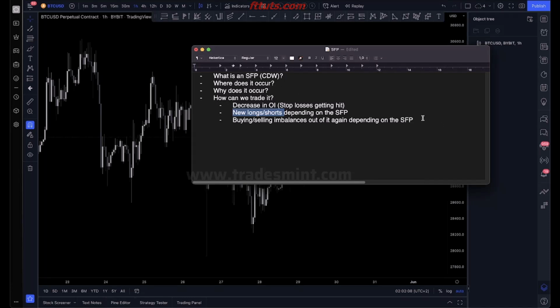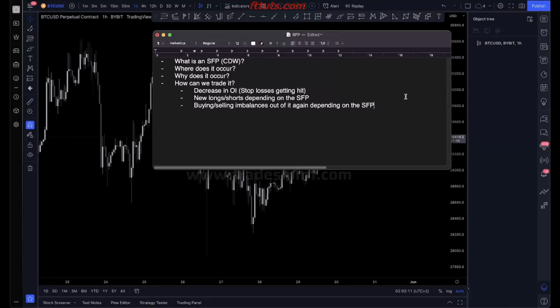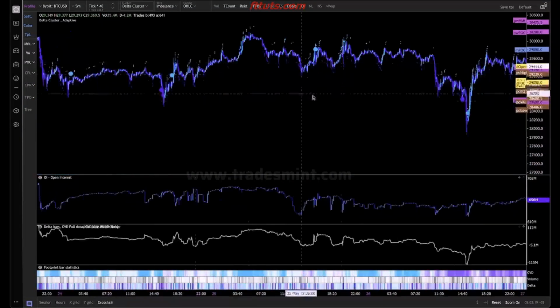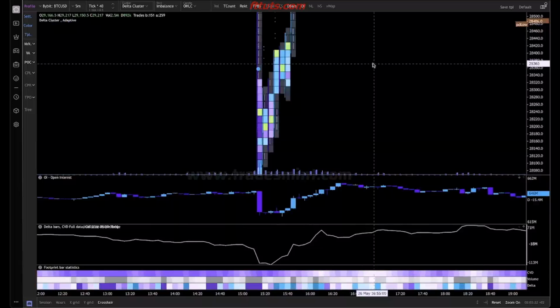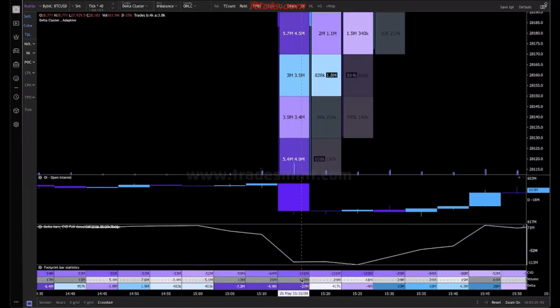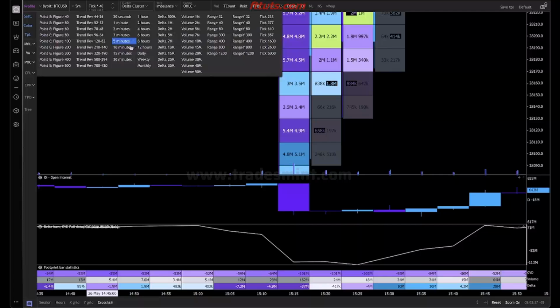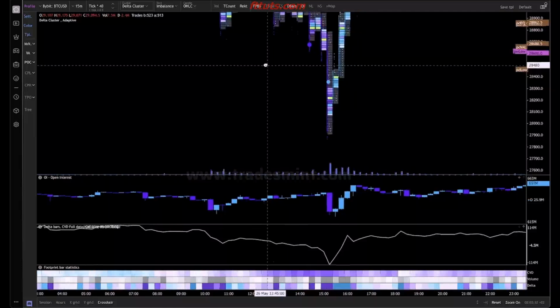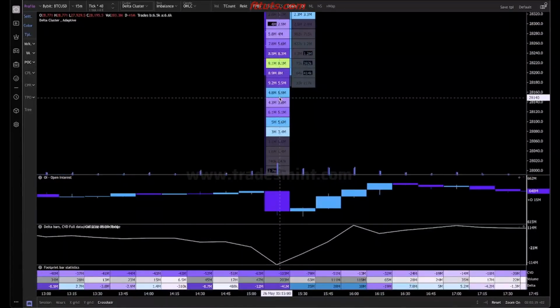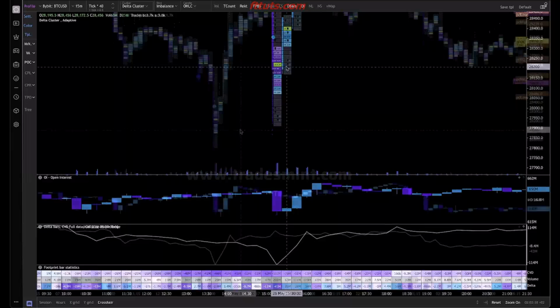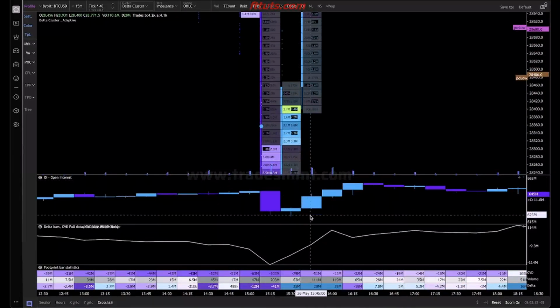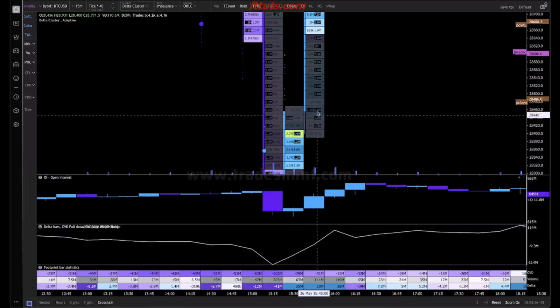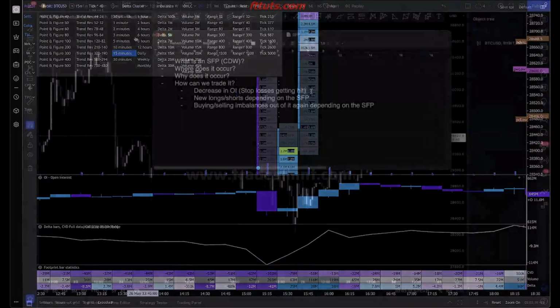Some other things are that you would obviously want a lot of volume at these lows or highs where SFPs happen. For example, on this low that happened, you can see the volume was 162 million on the 5 minute, and then if you go on the 15 minute, it's 203 million, and then you can see all of the increases of open interest out of it with the buying imbalances.